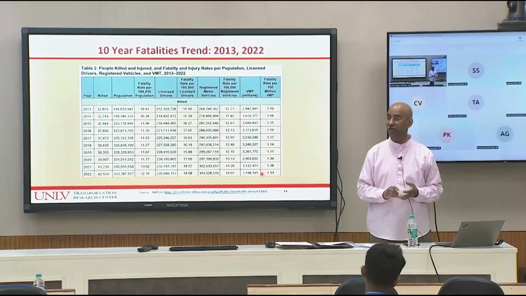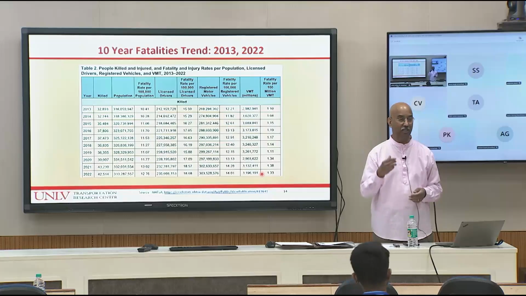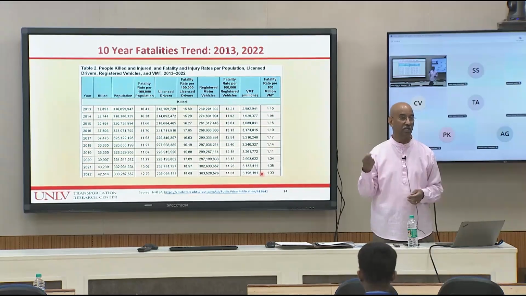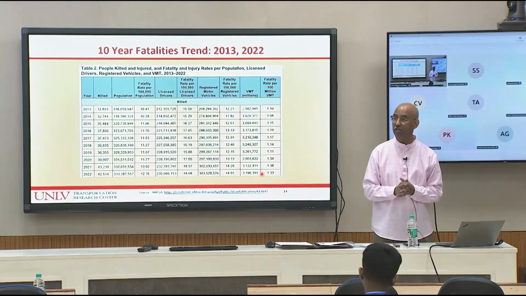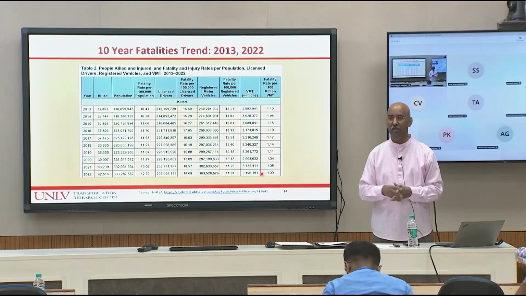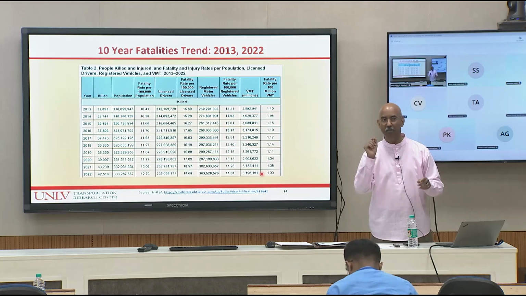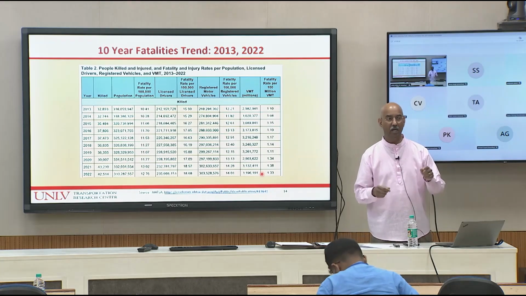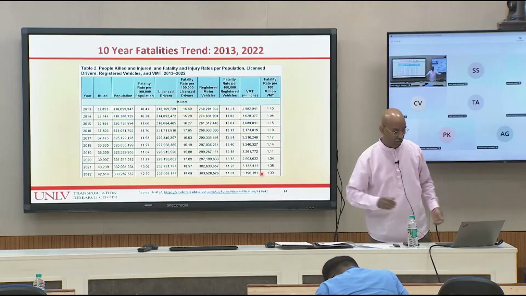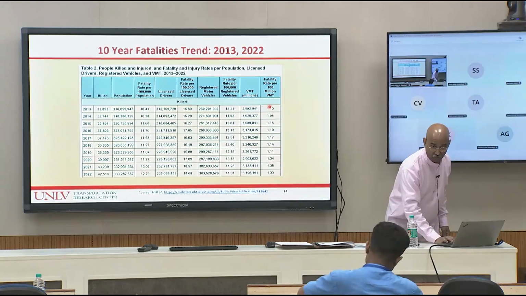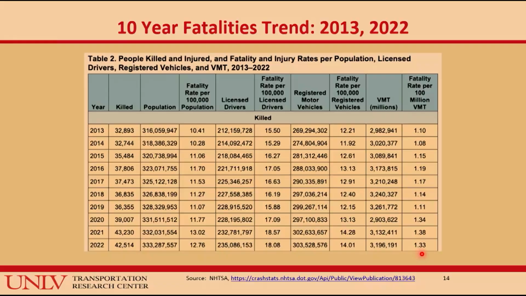For those that are away from an intersection or on roadway stretches, the crash rate per 100 million vehicle miles of travel is a better indicator of exposure. How much are people driving, not how many people are driving. The extent, how many kilometers, how many miles they are driving is more important. So there you see the numbers from 1.1 has been steadily increasing, and these are much higher than other westernized countries.